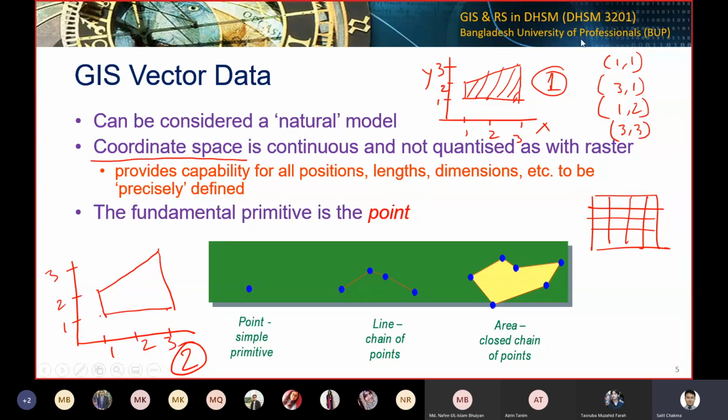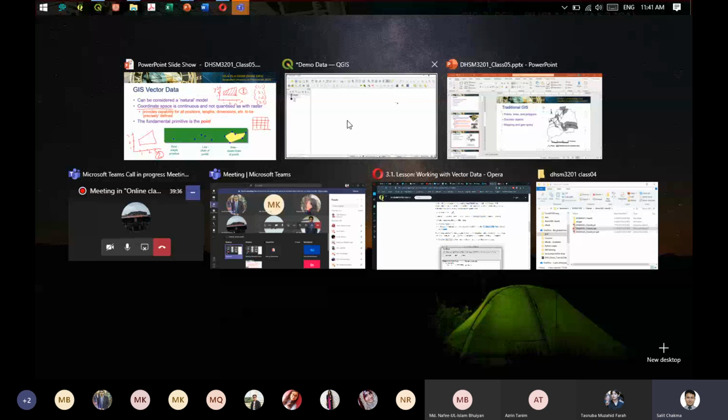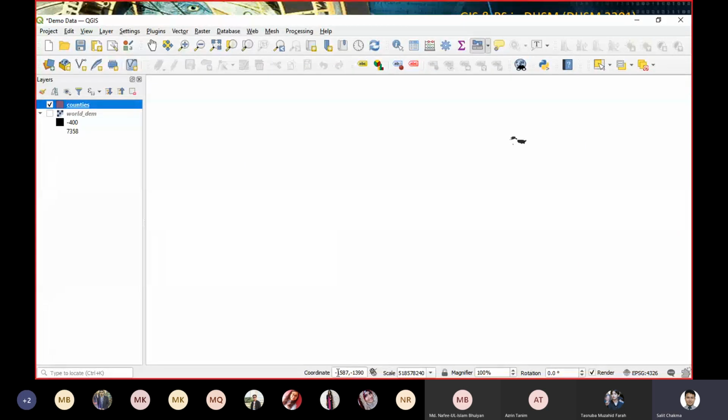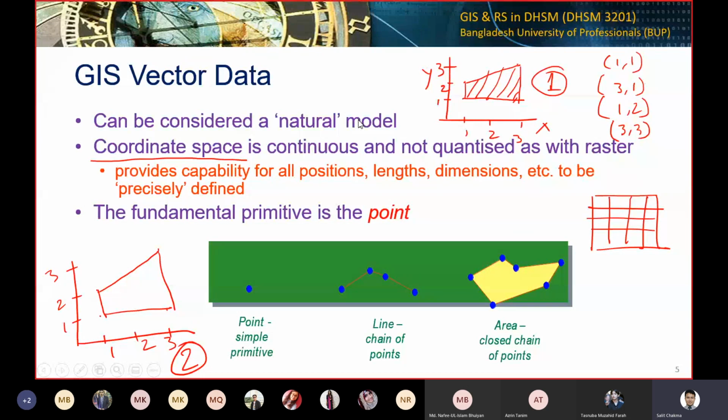But in reality, the data was actually collected in coordinate system 1. But in your software now you say that your coordinate system is 2. The software will not realize whether the data was collected in coordinate system 1 or 2.